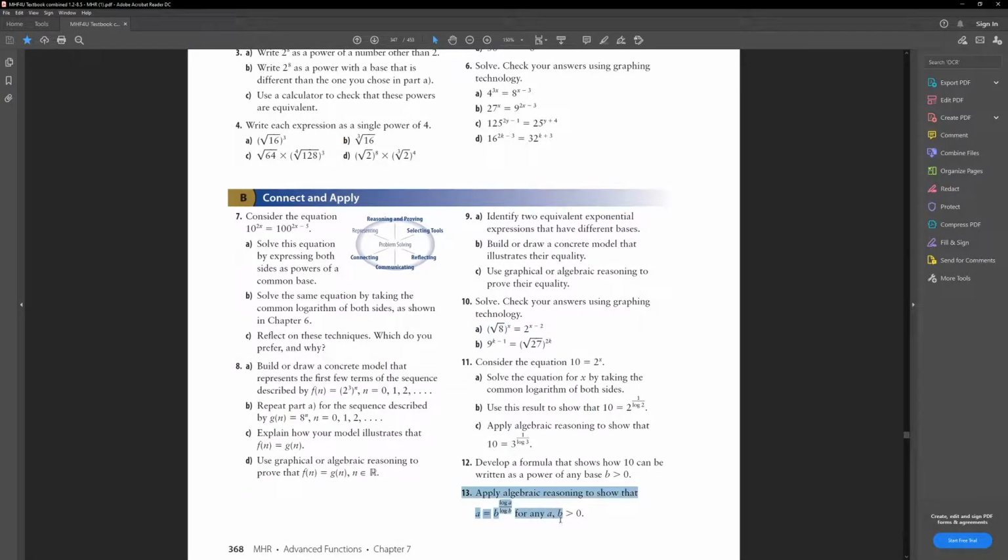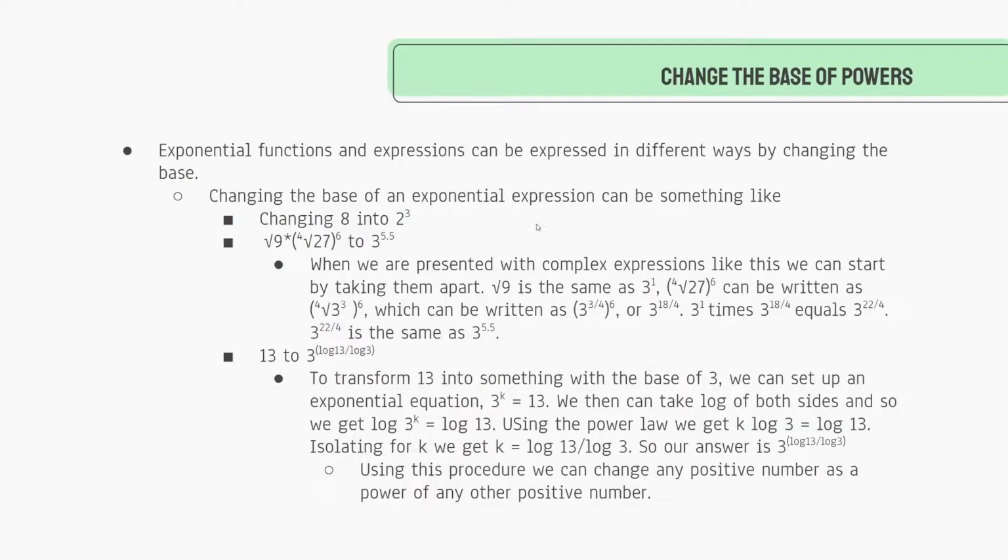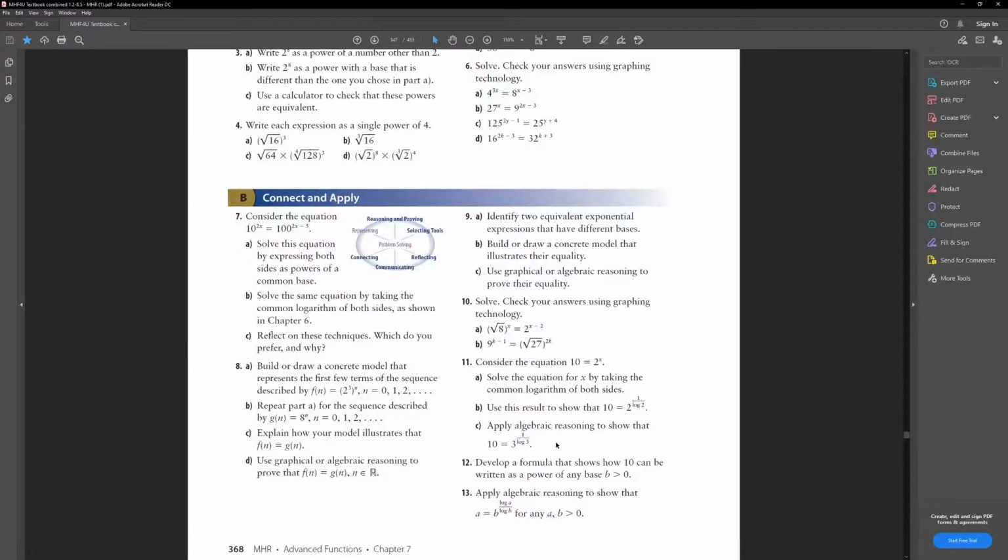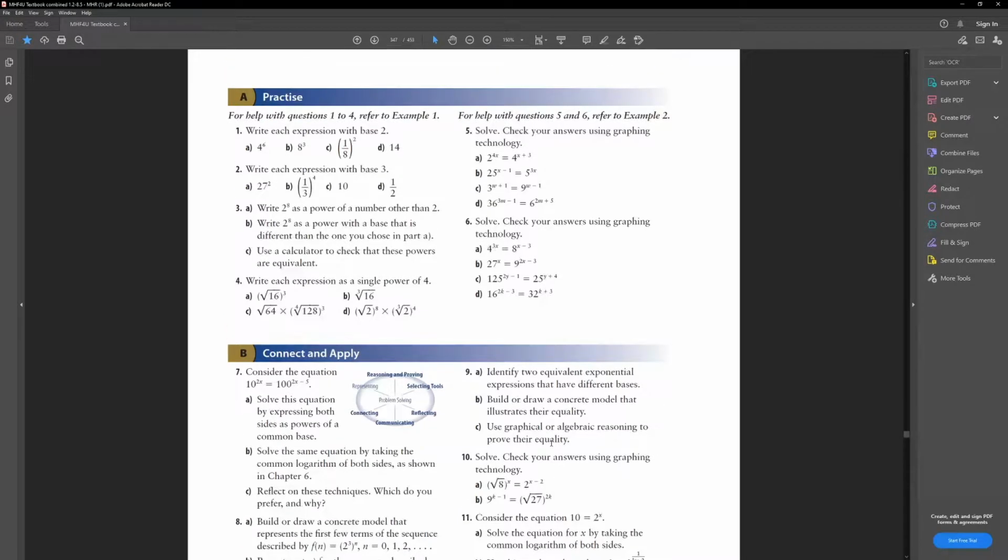And this guy over here is actually the same type of question as we did when we were transforming this into this. It's the same type of thing with just general variables rather than concrete numbers. So as you can see, nothing about this chapter is extremely difficult.